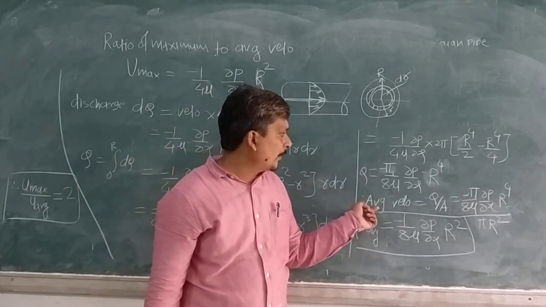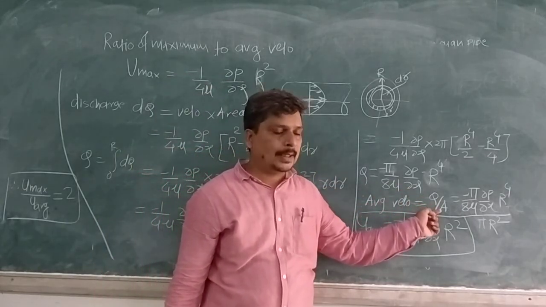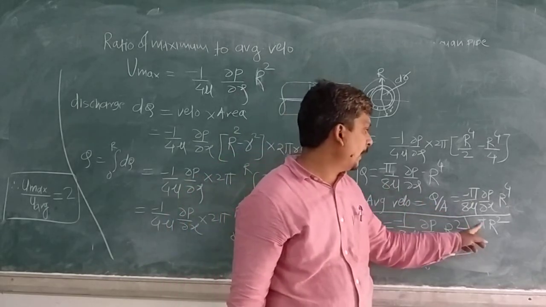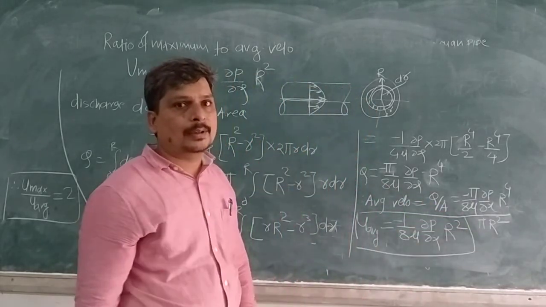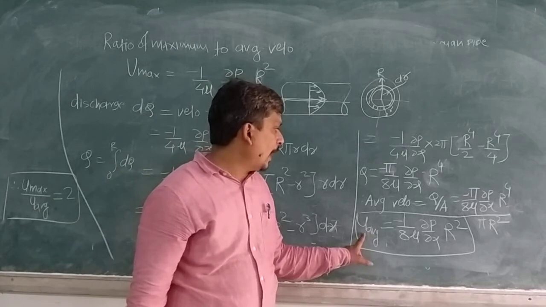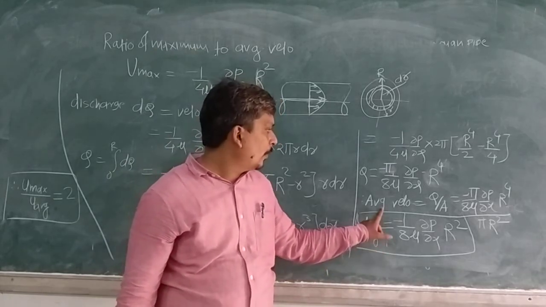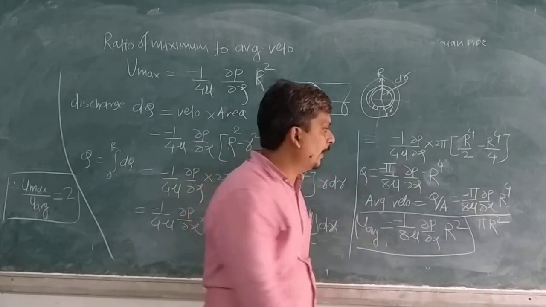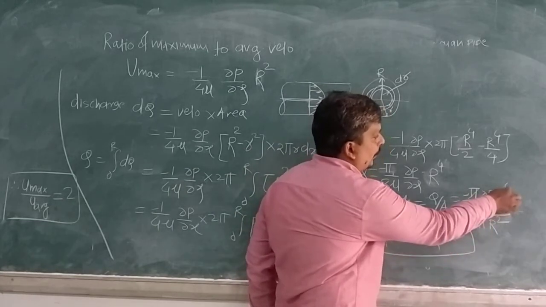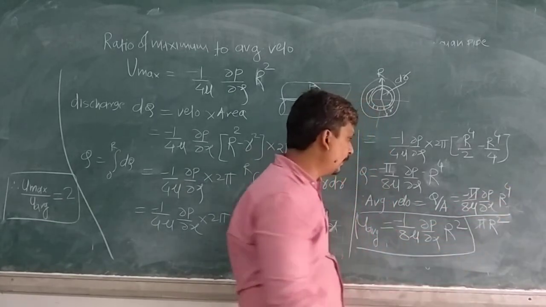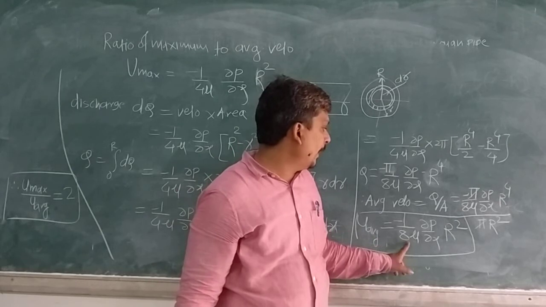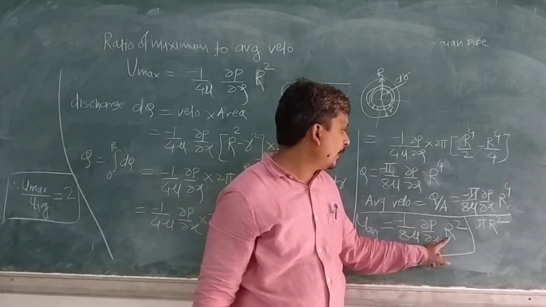Now the average velocity is Q upon area. So we divide by the area, pi R squared, the cross-sectional area of the pipe. So for the average velocity, pi will be cancelled and R raised to 4 over R squared gives R squared. We get minus 1 by 8 mu, delta p divided by delta x, R squared.